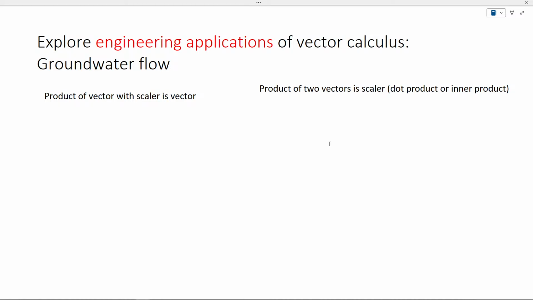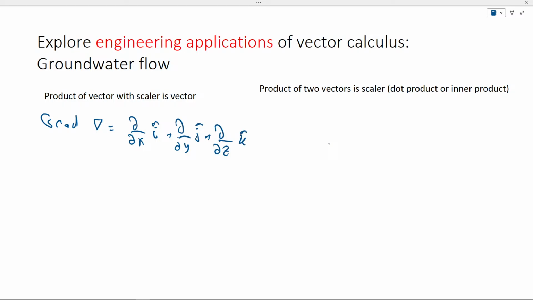I'm just repeating what I said again. The product of a vector with a scalar is a vector. So I have this gradient operation, which is a vector. That would be del, which is partial over partial x in the i direction, plus partial over partial y in the j direction, plus partial over partial z in the k direction.